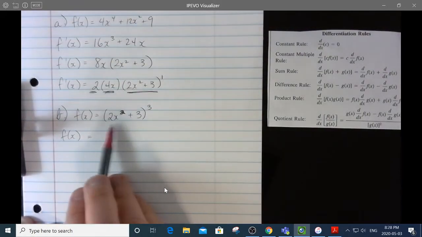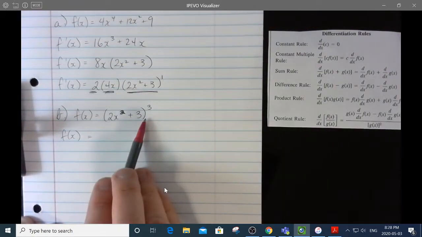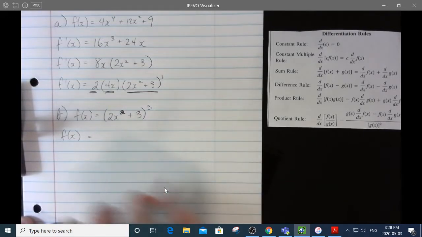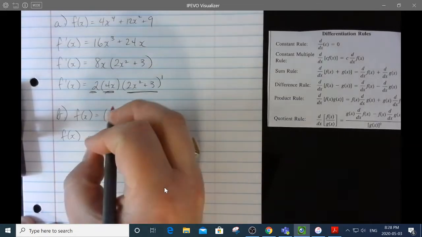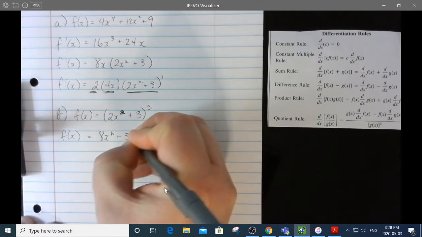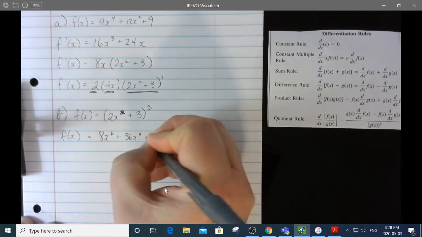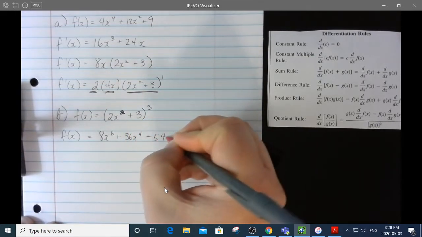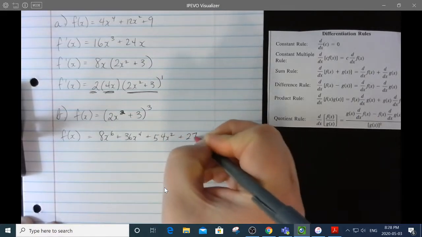Or I've met people who can just look at these and they know binomial expansion so well that they just rattle them off. I'm not that good at it, so I actually did work it out ahead of time. So it is 8x to the 6 plus 36x to the 4 plus 54x squared plus 27.